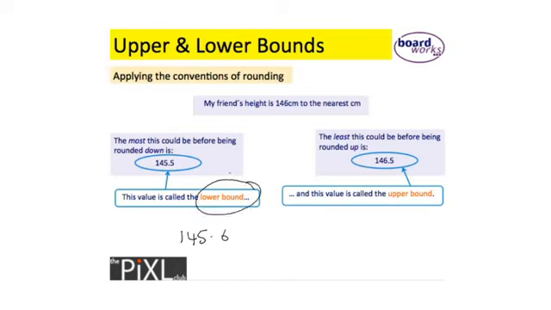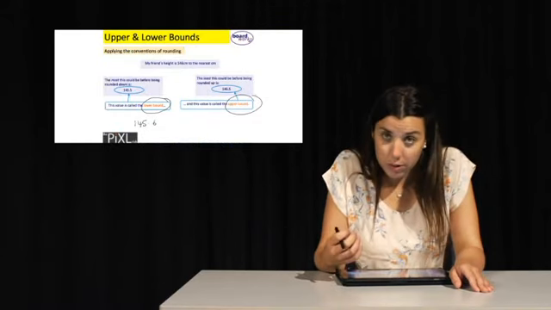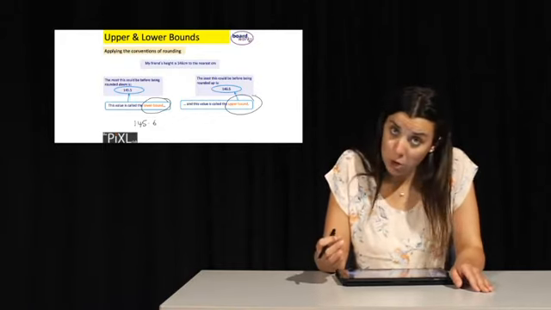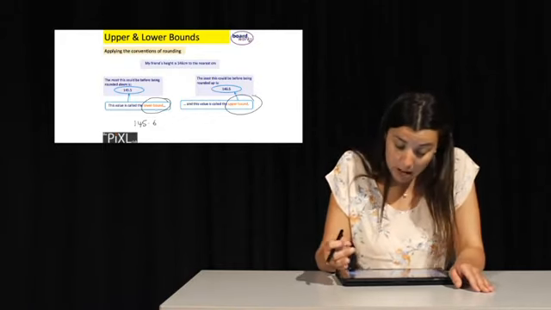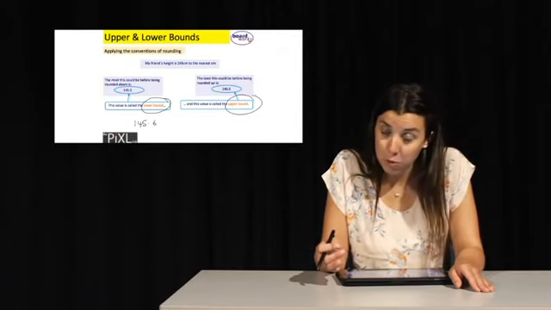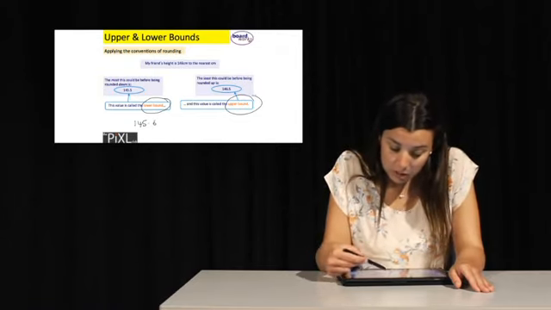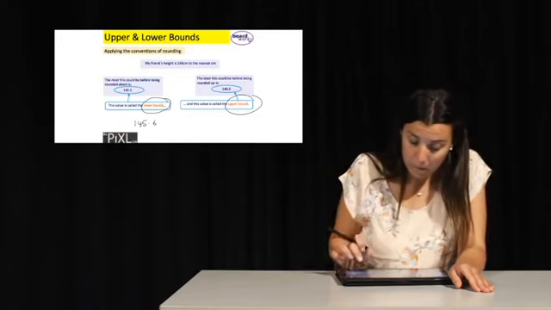The least this could be before being rounded up to 147 is 146.5, and that value is called the upper bound. So for the value of 146, we have the lower bound being 145.5 and the upper bound being 146.5. We know that because we're dealing with the nearest centimetre.